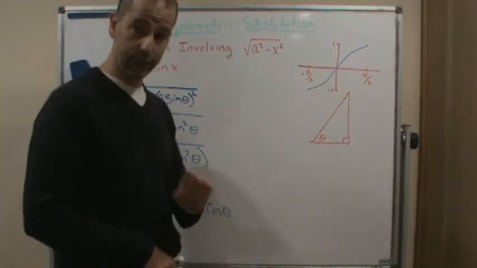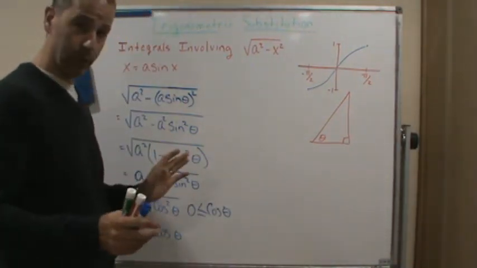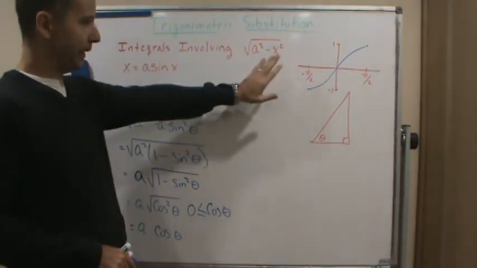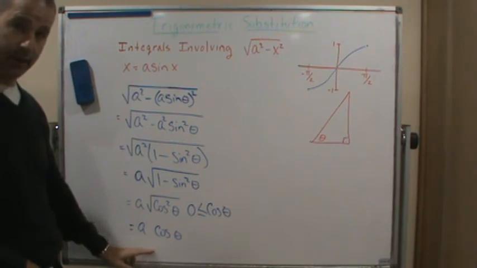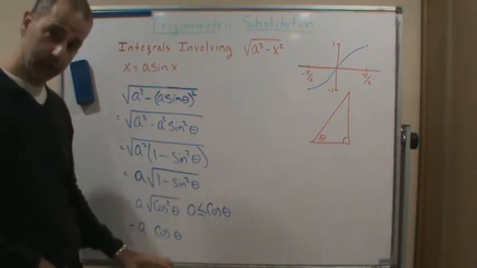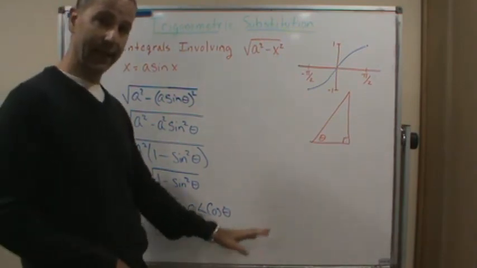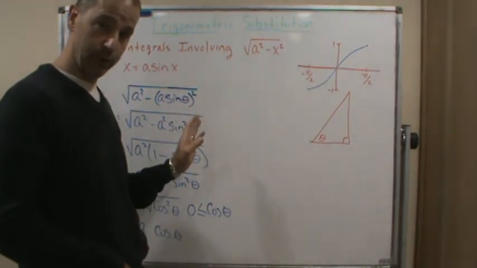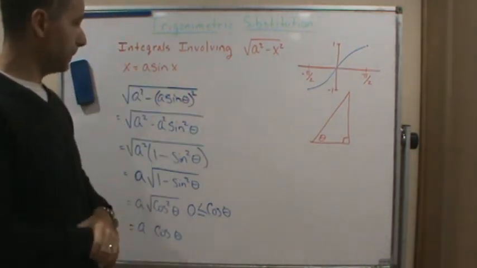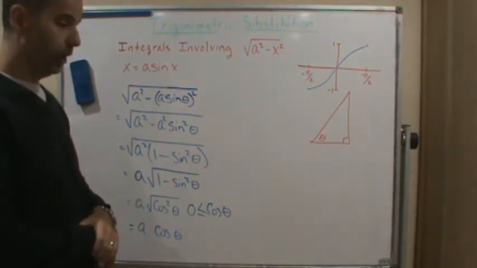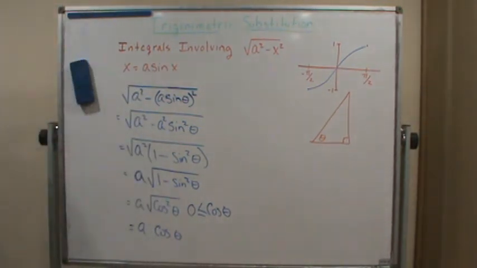So the whole idea of the substitution, remember, is to transform something that we can't integrate to something that we can. And then once we do the integration, we want to go back and put things in terms of the original variable, which in this case is x.